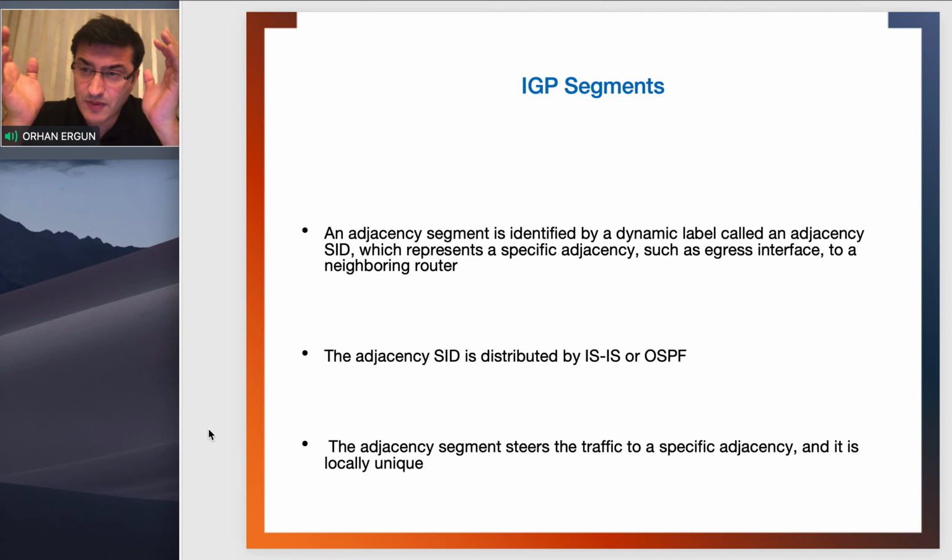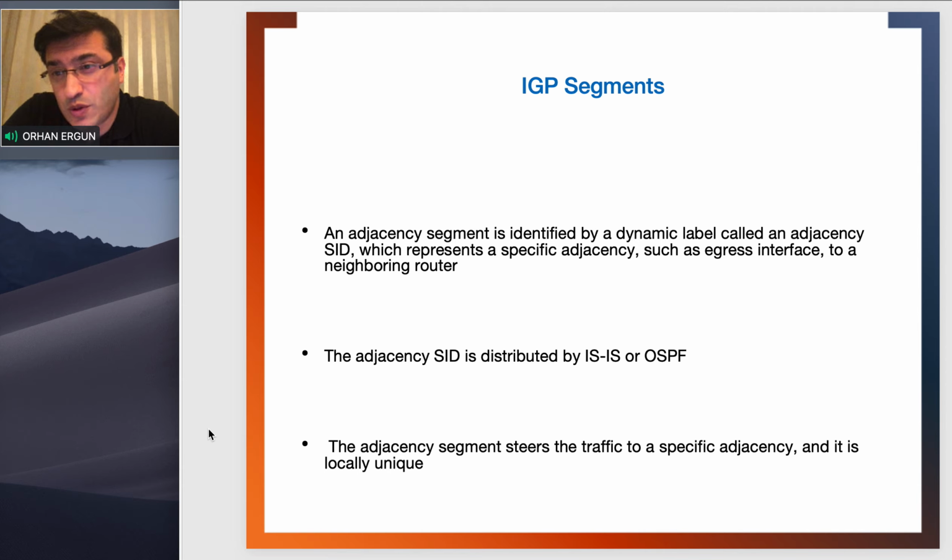If it's not the same, then the primary will be installed into the RIB and FIB, and the backup will not be used as active. You can install it into the RIB and FIB as a backup if you enable fast reroute, but not as active normally. With traffic engineering tools, like RSVP or SR, you can use both of those paths, both of them as primary, I mean active.